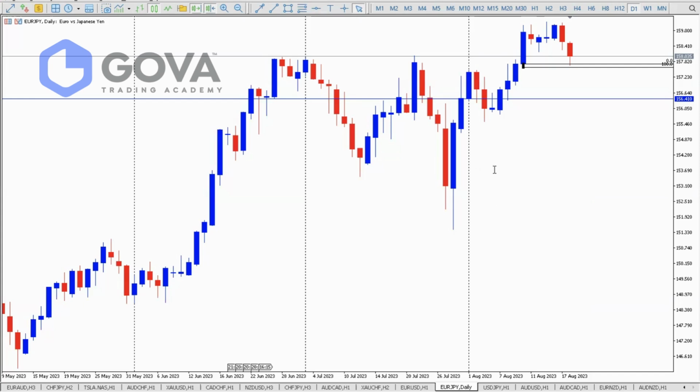So it means that in a buy alignment, we look for a bullish candlestick on the D1.